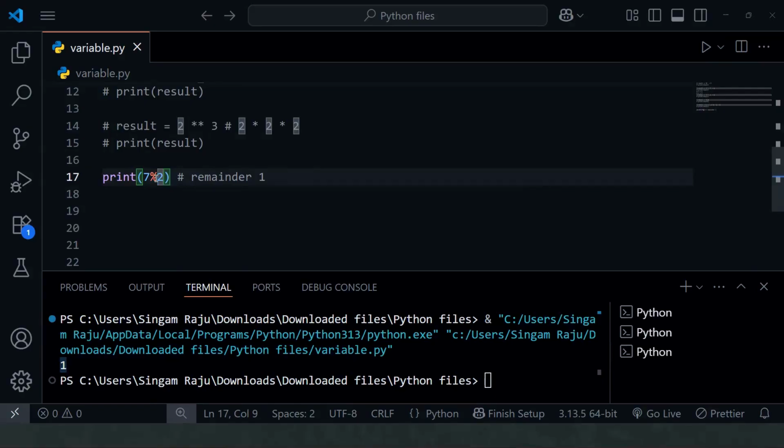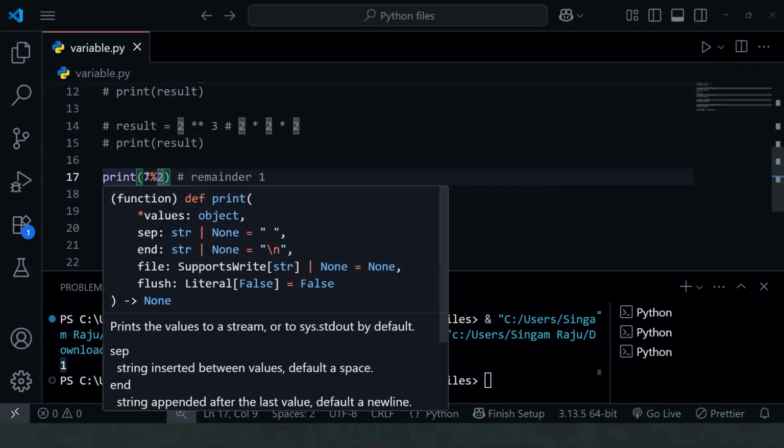So 1. That is what the output will give you. So for example, you have 10 chocolates and you have to share those chocolates with 2 members. When you're sharing them equally, how many chocolates will be left in your hand? It will be 0, right? So that will be the remainder.